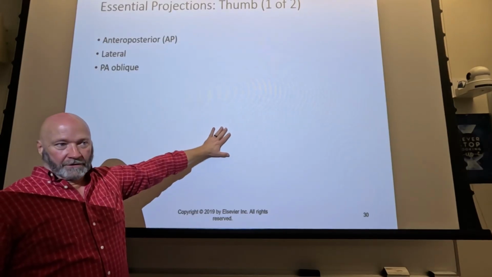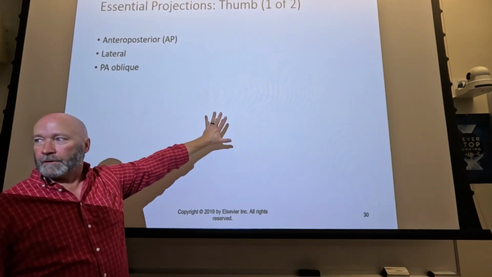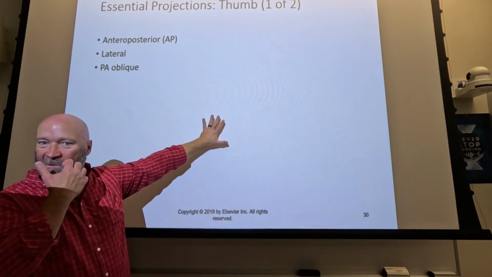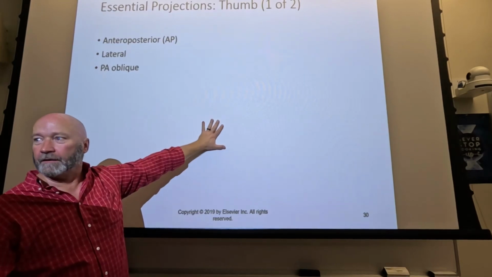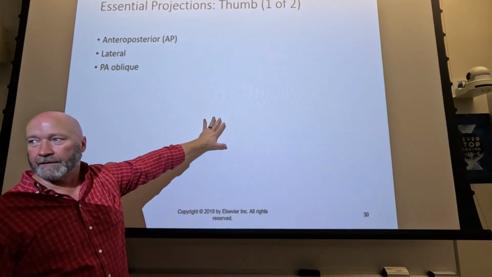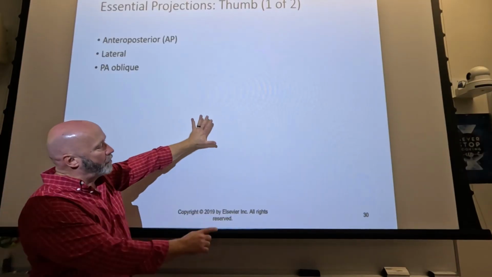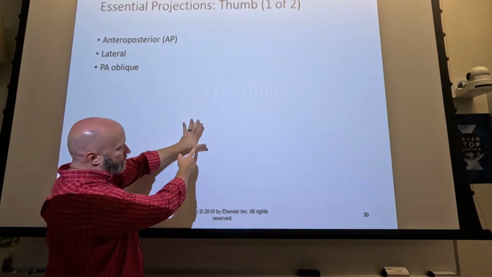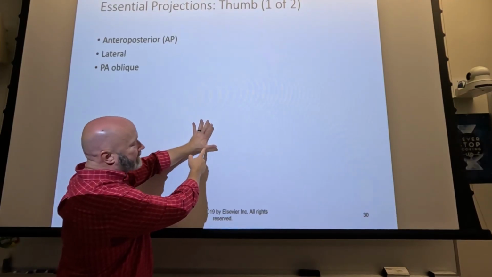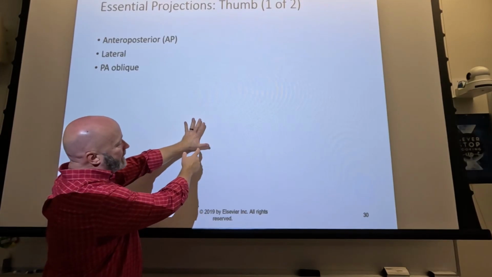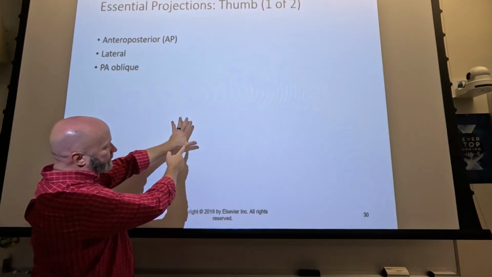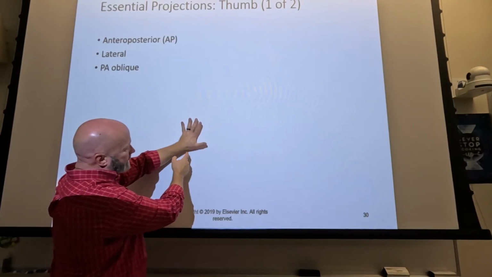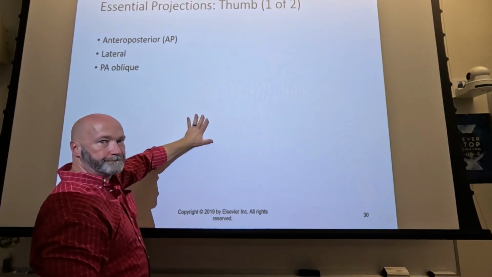So for an oblique of the thumb, the easiest thing to do is just put the hand down, you're there. But you need to change your collimation. You're going to focus on the metacarpophalangeal joint instead of the interphalangeal joint, and open up your collimation to include the entire metacarpal.